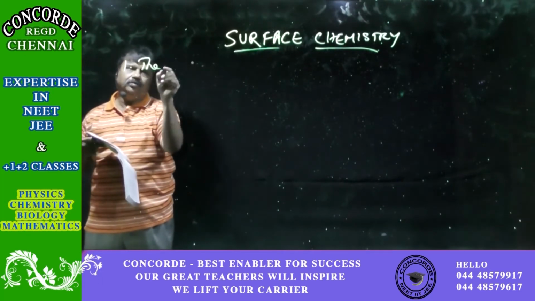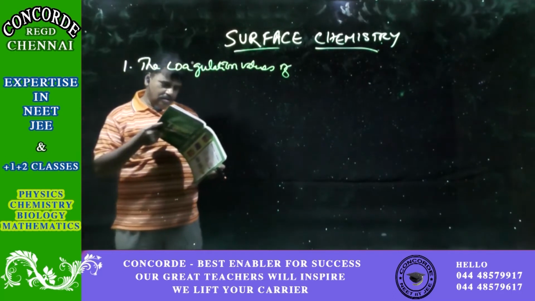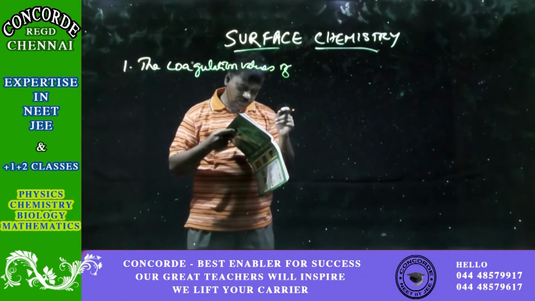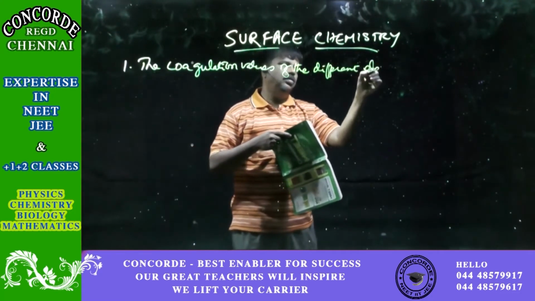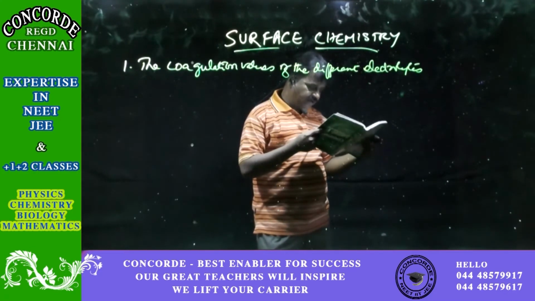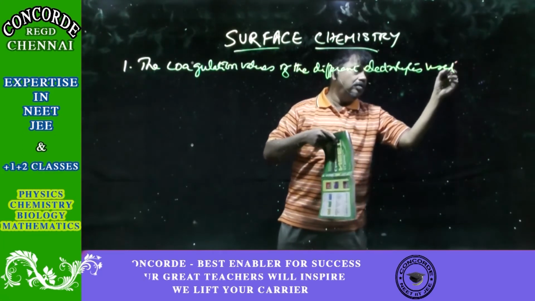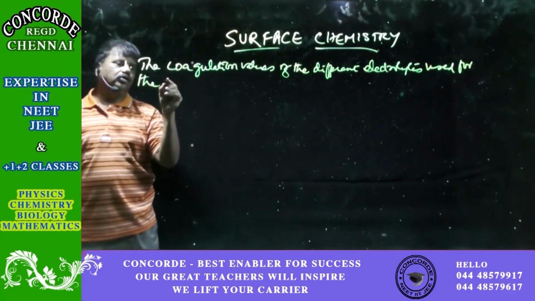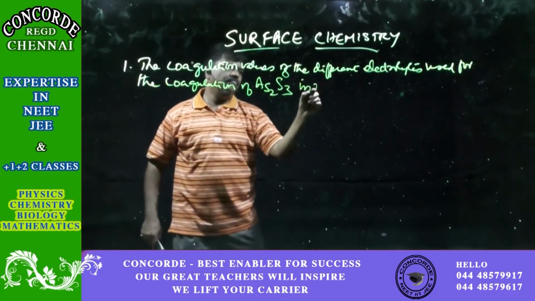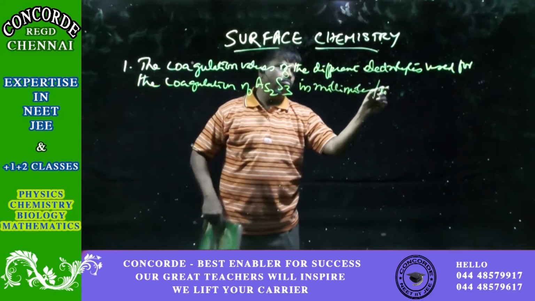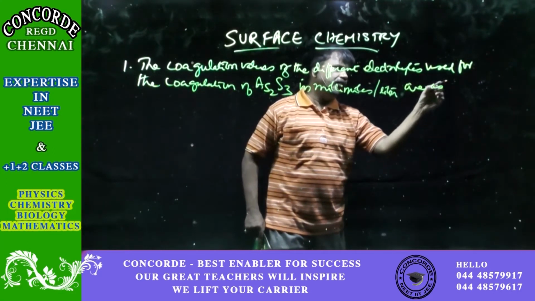The coagulation values of the different electrolytes used for the coagulation of As2S3 in millimoles per liter are as follows.